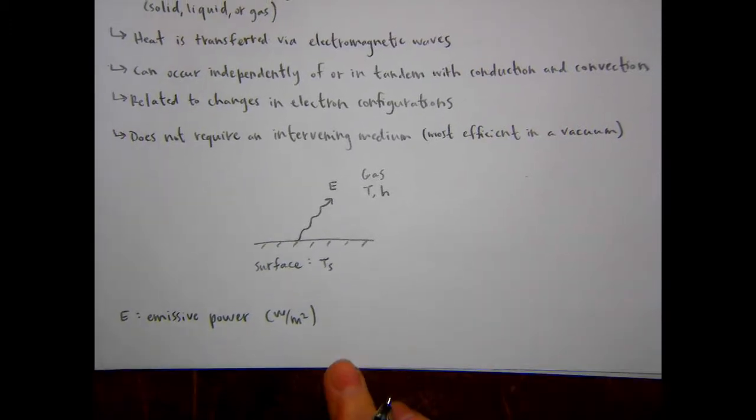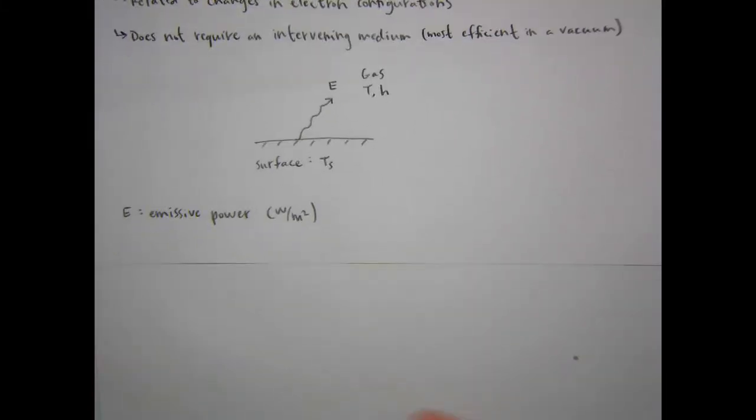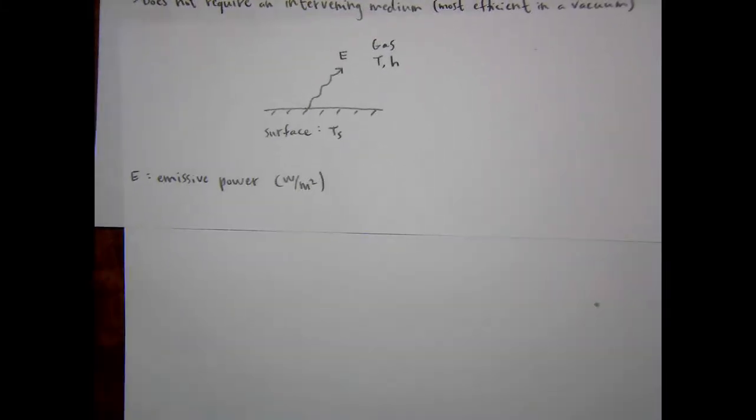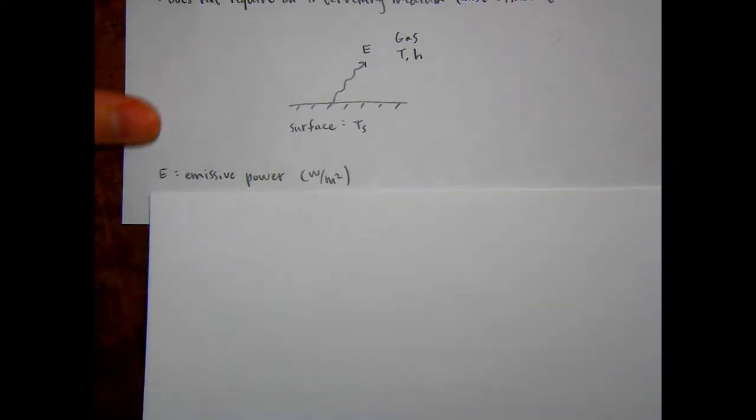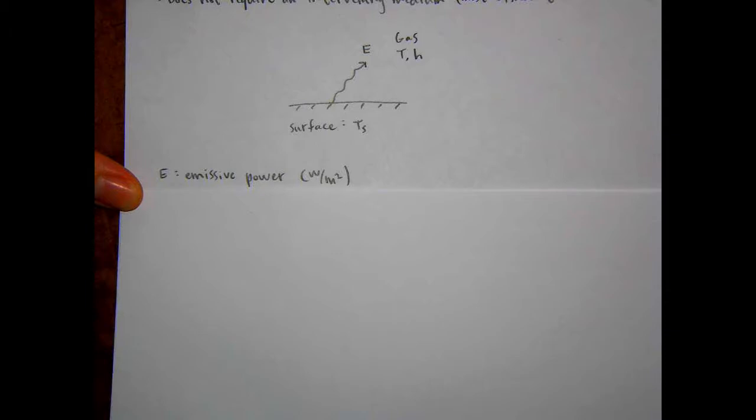And to talk about how efficiently something emits radiation, we often refer to the concept known as a black body. So a black body is basically an ideal emitter of radiation and absorber, which we'll talk about in a minute. And it emits the most radiation possible per unit area for a surface.